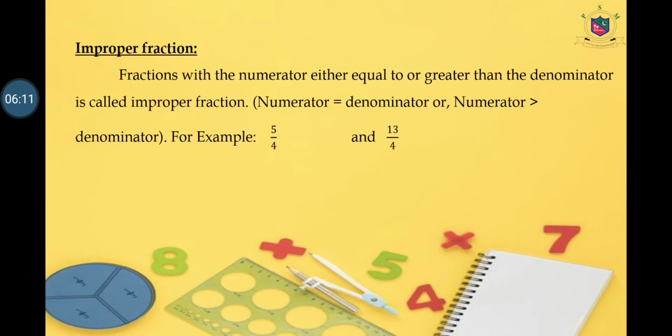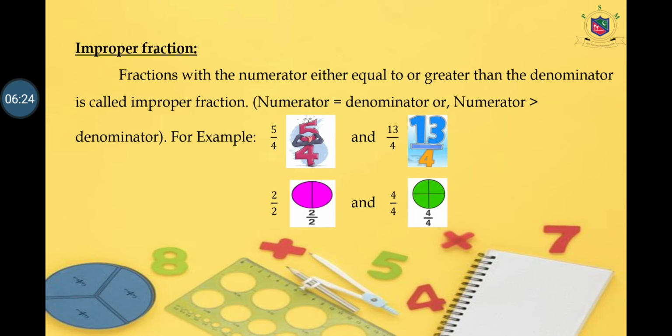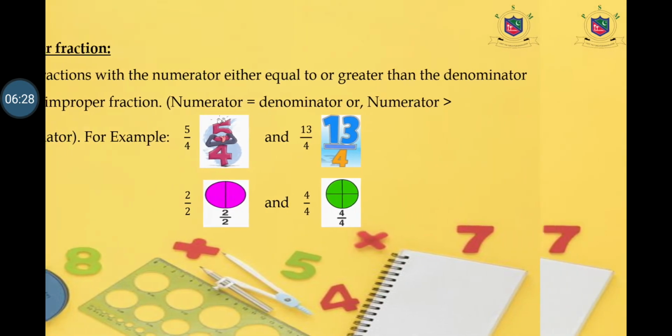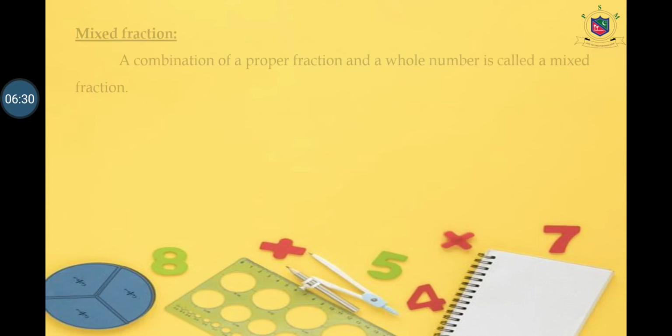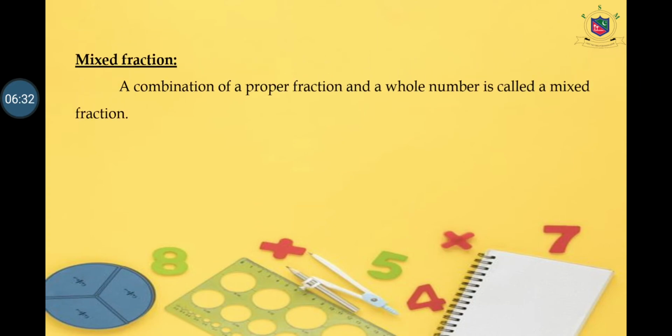The next is improper fractions. Fractions with the numerator either equal to or greater than the denominator are called improper fractions. You can see the example of improper fractions. Next are mixed fractions. It's the combination of a proper fraction and a whole number.